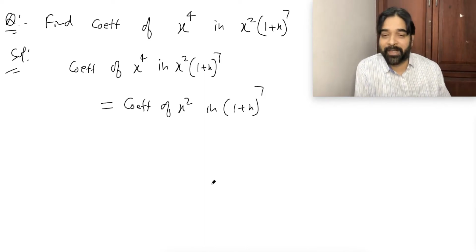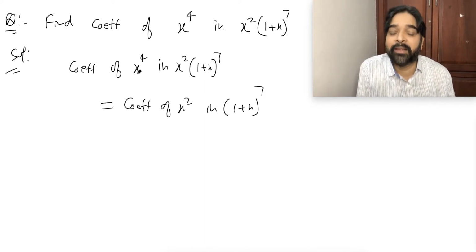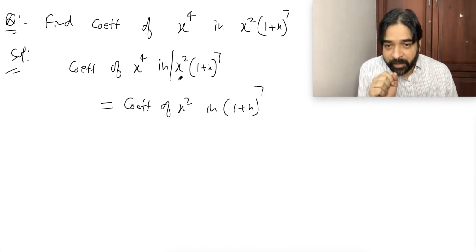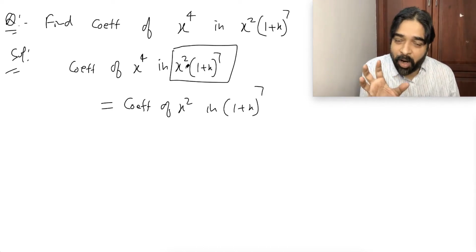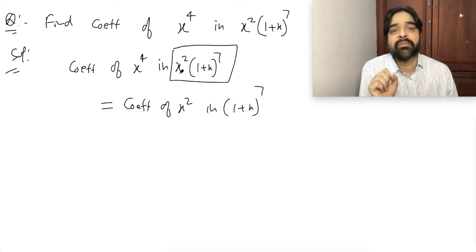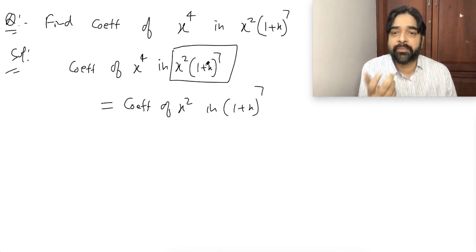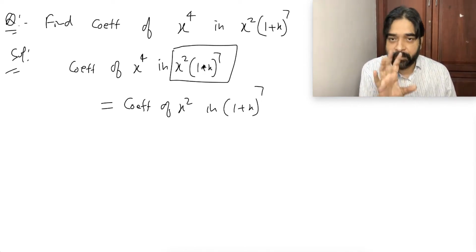Right, coefficient of x power 4. You want the term which contains x power 4 in this. So look here, I want x power 4. x square is already there, so which term do you want from here? You want the term which is x square. Did not understand.